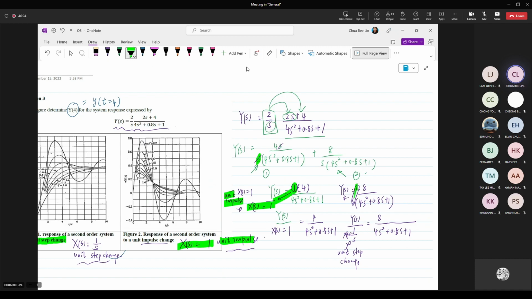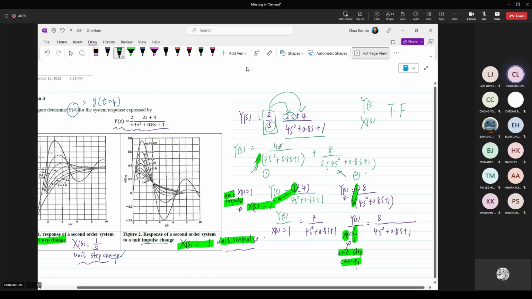Then I move this 1 over s to the bottom, so my X(s) here will be unit step change, because for all the formula, you'll be having Y(s) over X(s) for transfer function. So X(s) equals 1 over s. So this is a unit step change.